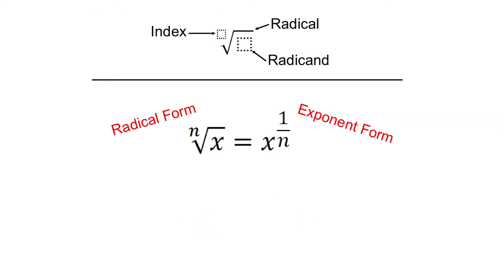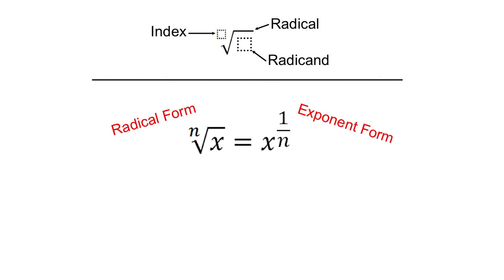Now the reason I bring this up is because I want to show you that you can write certain expressions in 2 different ways. You can write the exponent form, or you can write what's called the radical form. So radical just means you're involving some sort of a square root or a cubed root or a fourth or a fifth root, whatever. And you can rewrite that as a power with a fraction, a rational exponent.